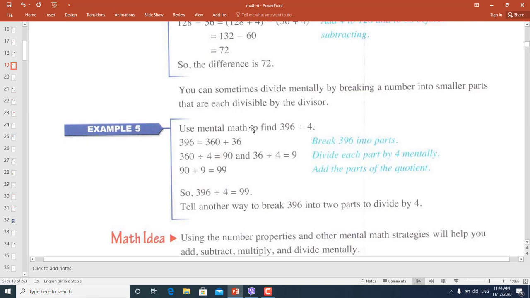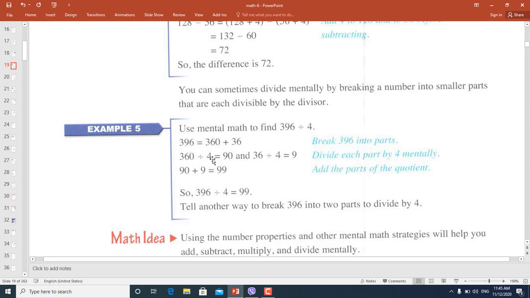So we choose two numbers that add together to equal 396. 396 is made up of 360 plus 36. 360 is easy to divide by 4, and 36 is easy to divide by 4. So we will divide this number by 4, and this number also by 4.